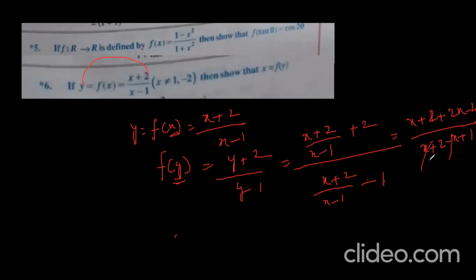Plus x minus x cancel. 2 plus 1 is going to be 3. So in the numerator, plus 2 minus 2 cancel, 3x by 3, which is equal to x. In this way, we can easily solve these kinds of questions just by knowing that wherever you find x, in that place, whatever value is given, that value is going to be kept inside. You can easily get it.